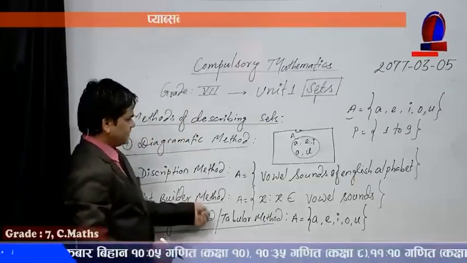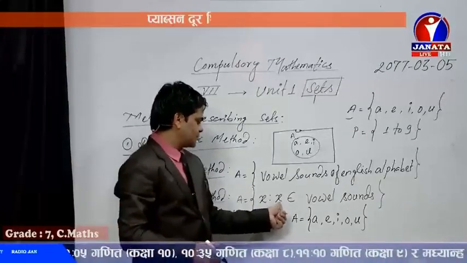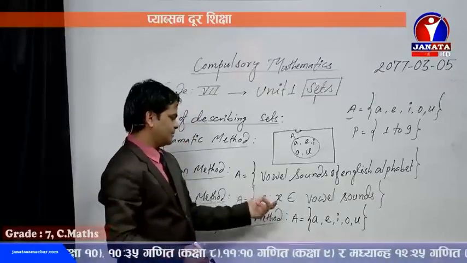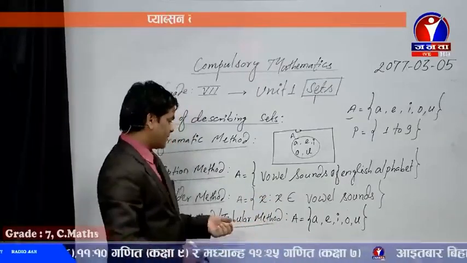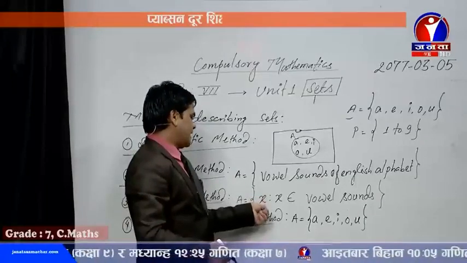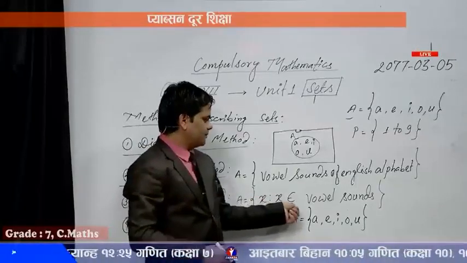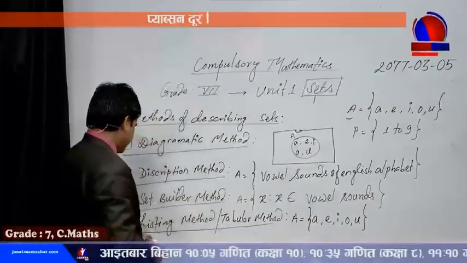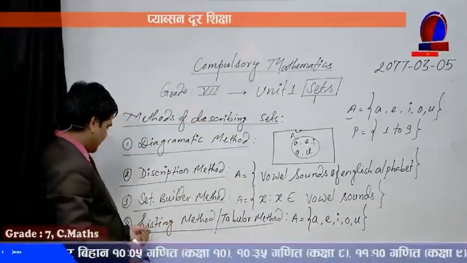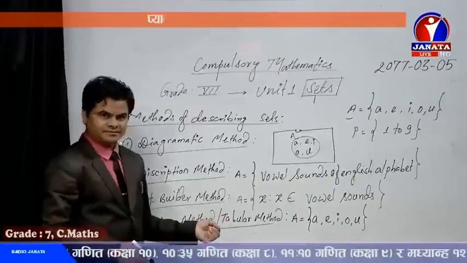Set builder method, x such that x belongs to, you can write y such that also, your choice, it depends upon you which alphabet you prefer. Y such that y belongs to natural number less than 10. Another one, dear student, is the listing method or tabular method.